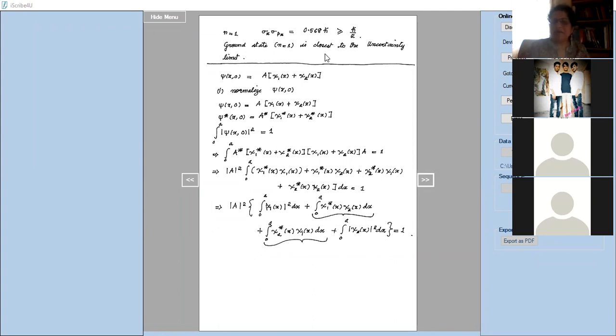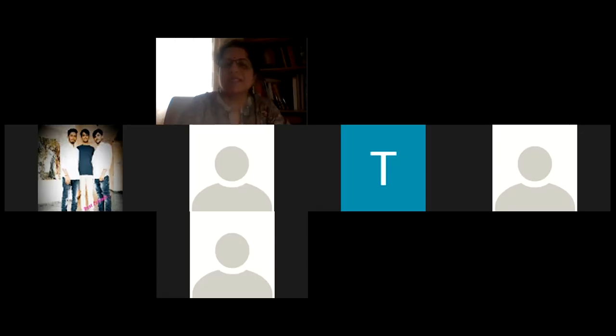What is going to happen to those two integrals, please? Okay. What do we know about these eigenstates, please? What are they? Any suggestions?